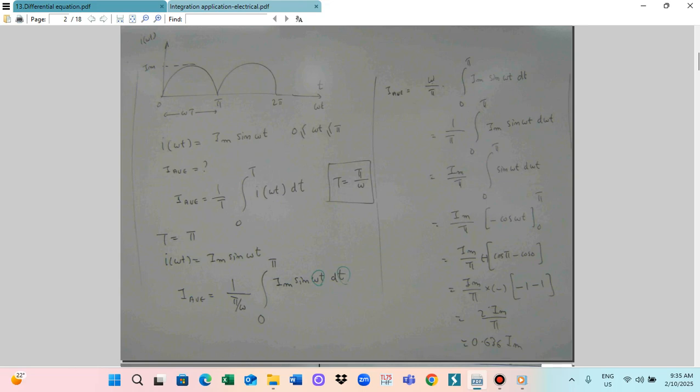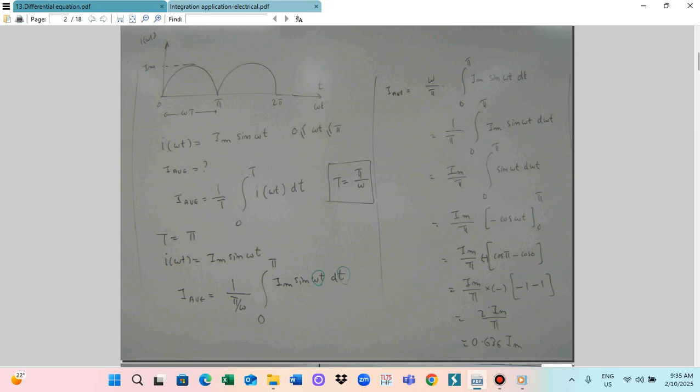Minus cos pi is plus 1, and minus cos 0 is also 1. So this becomes 2 Im by pi, which is 0.636 Im. So the I average is equal to 0.636 Im.